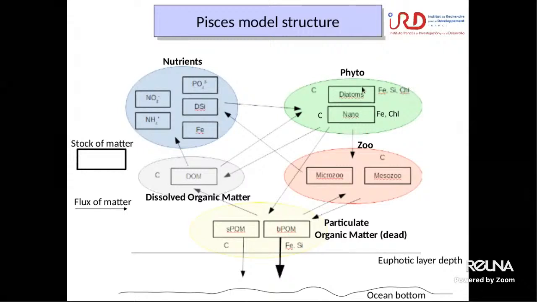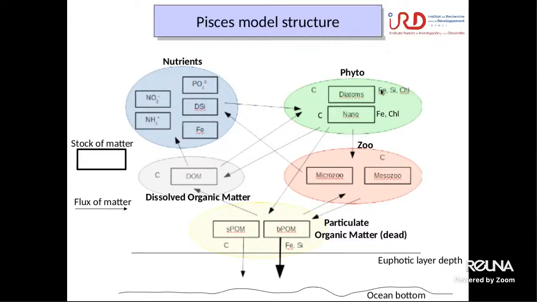So phytoplankton is not just one big box of carbon, but also a certain quantity of iron, silicate, and chlorophyll. That's why you have this C here and Fe, silicate, chlorophyll.